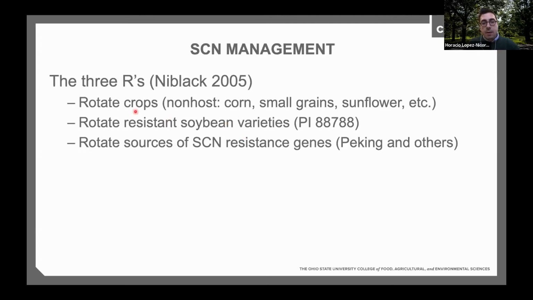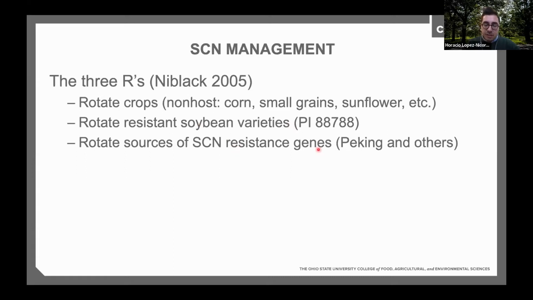So even though more than 90% of our SCN resistant varieties commercially available have this source of resistance, PI 88788, we still should consider rotating varieties, planting different types of genetic background in our field, not getting the nematode used to the same food over and over again. So rotate resistant soybean variety, and then try to rotate the source of SCN resistance.